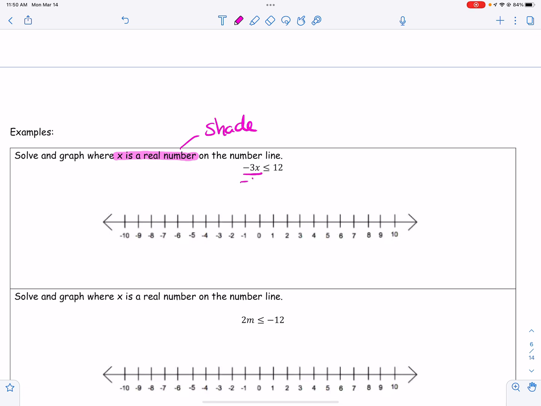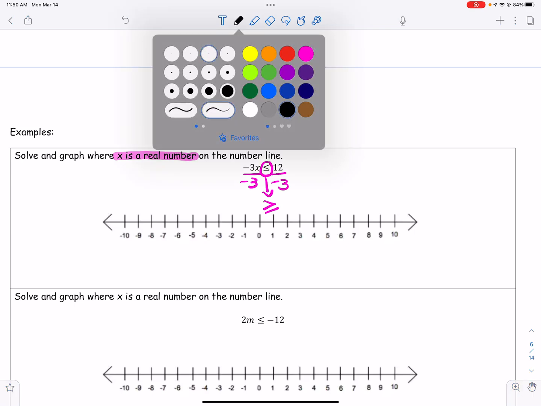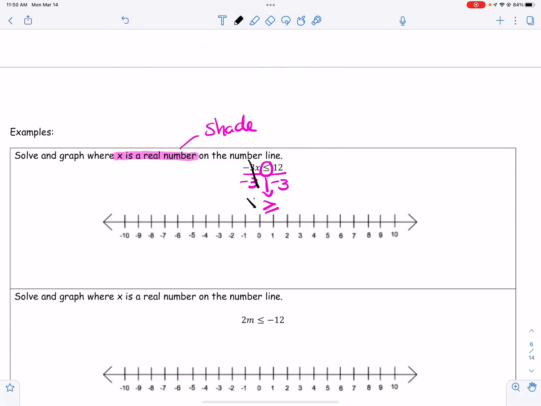I'm going to divide by a -3, and as soon as I divide by a negative, I reverse that inequality symbol. And so now I get x is greater than or equal to -4. So that includes -4. And then I will shade in the right direction.